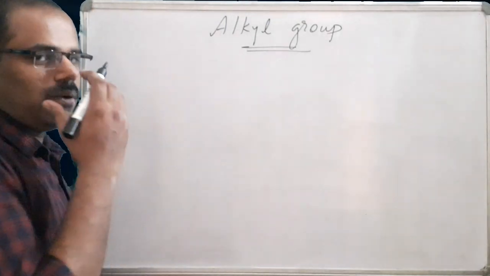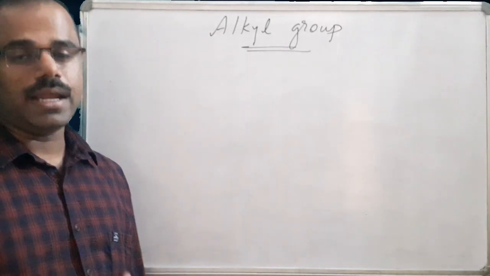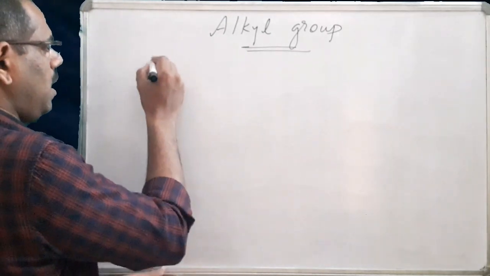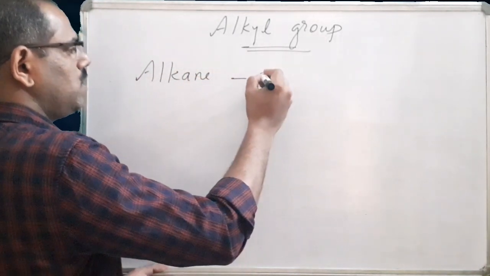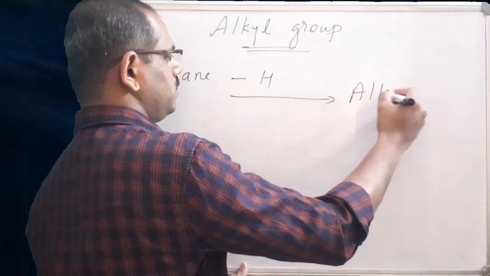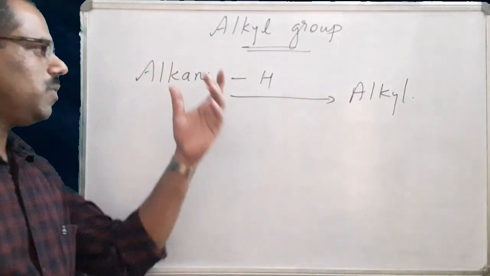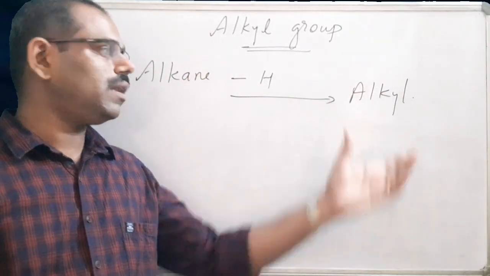If you remove one hydrogen from alkane, we get an alkyl group. Alkane minus hydrogen. We get what? Alkyl. If we remove one hydrogen from an alkane, we get alkyl group.